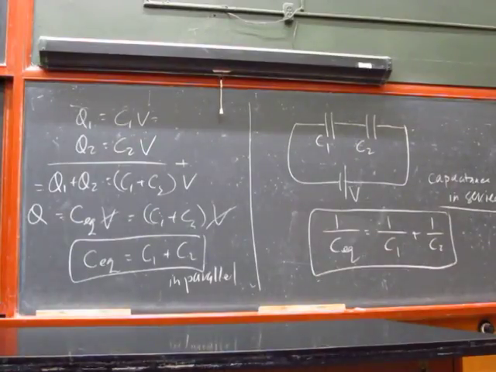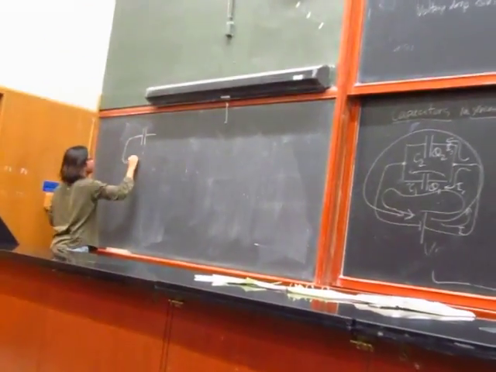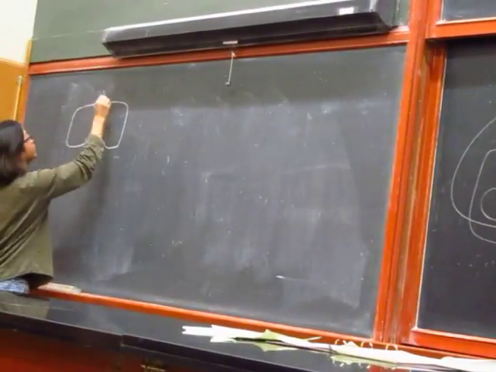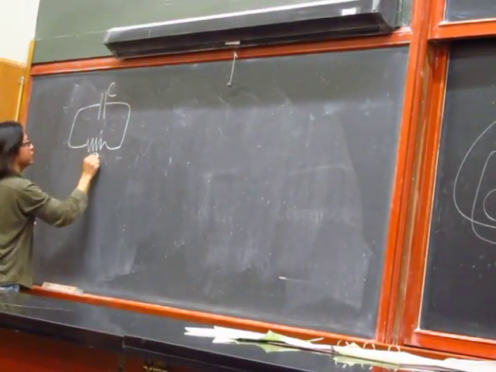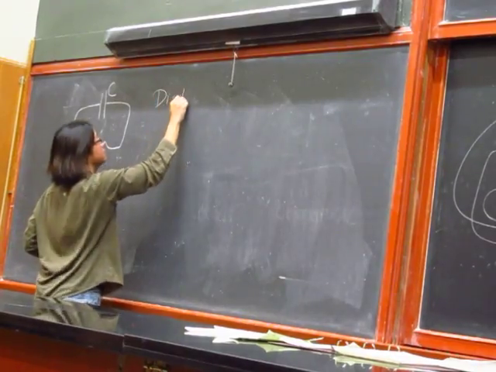Now, let's do an example where we have a circuit with both the capacitor and the resistor. So we're looking at the discharge of a capacitor.